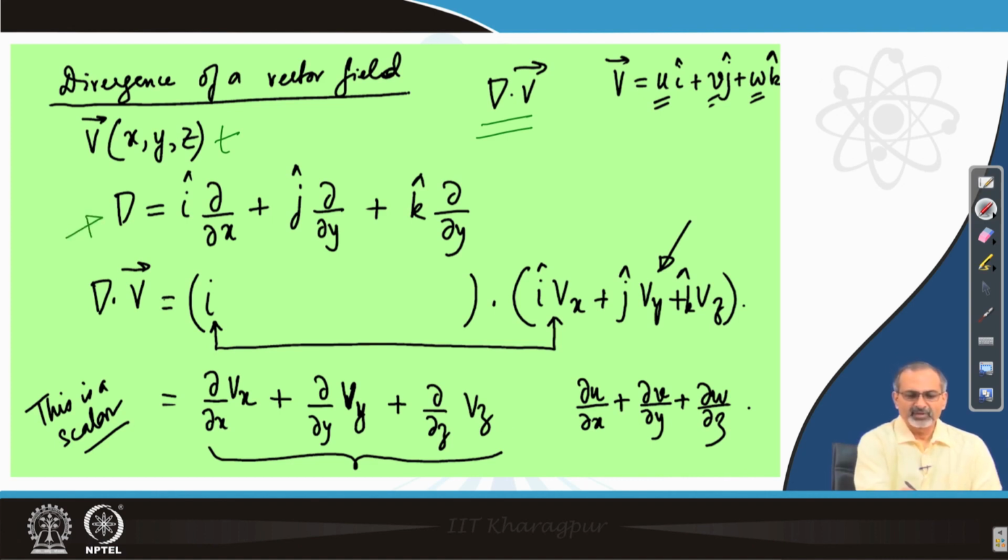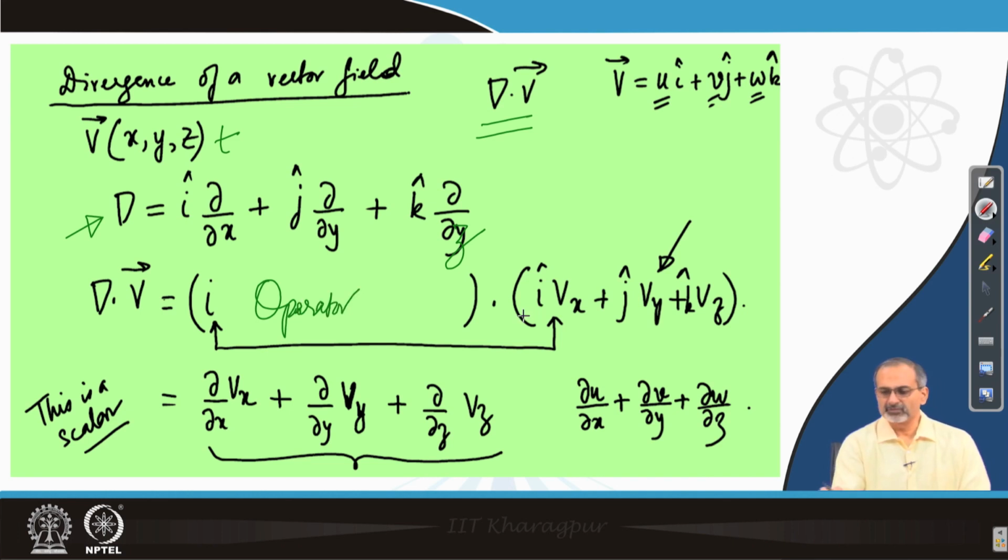We also remember the del operator, it is i del/del x plus j del/del y plus k del/del z, it should be del z here. We had used this operator in the previous slide as well, and then when we take a divergence of the velocity vector, then basically that operator is indicated here with its three components, and then it dots with the velocity vector, which has x, y and z components.